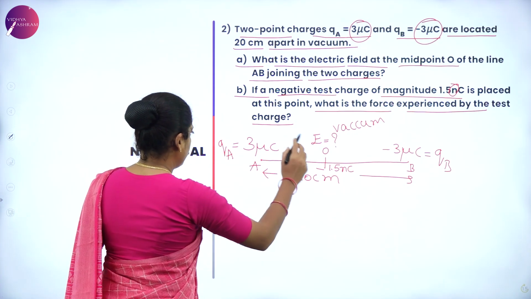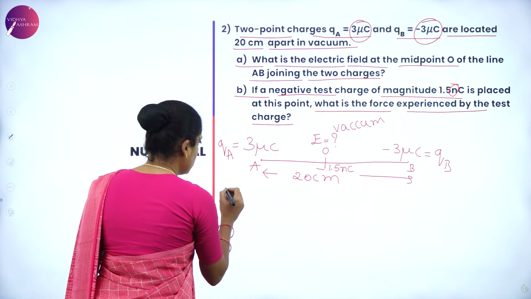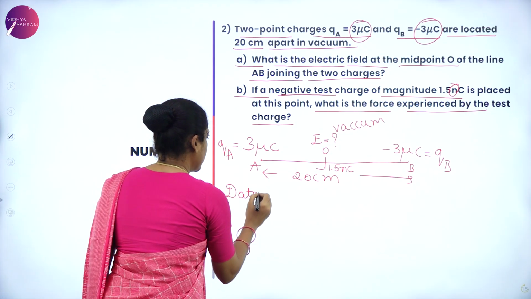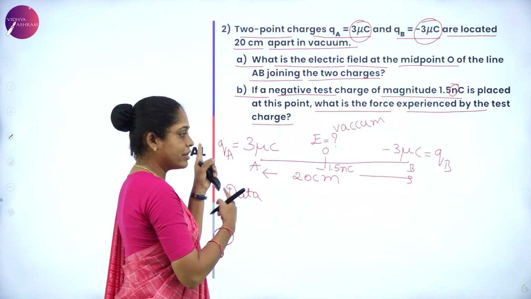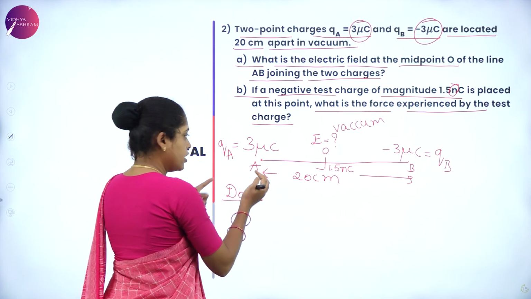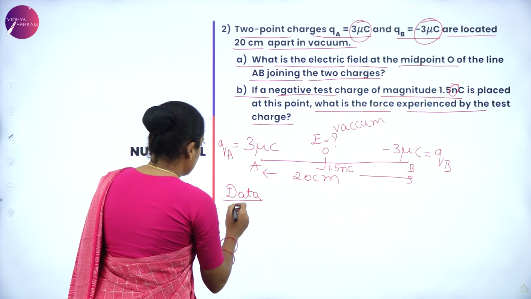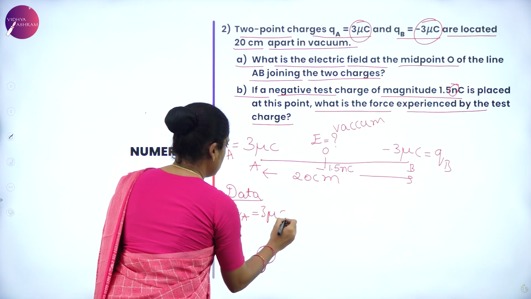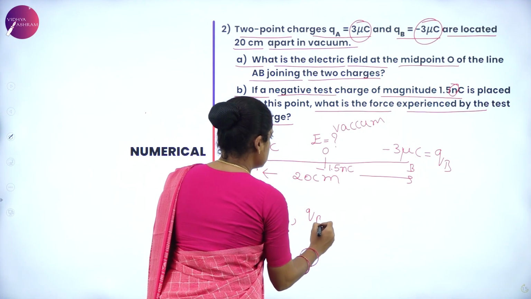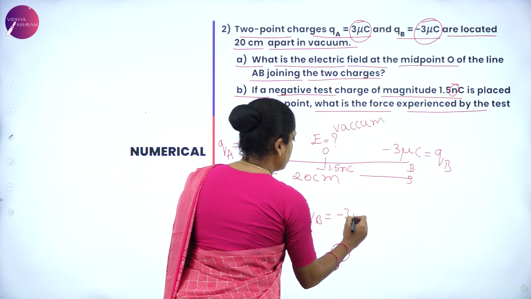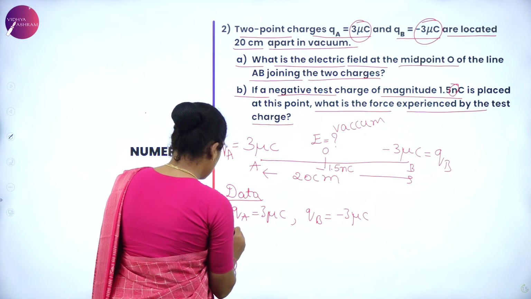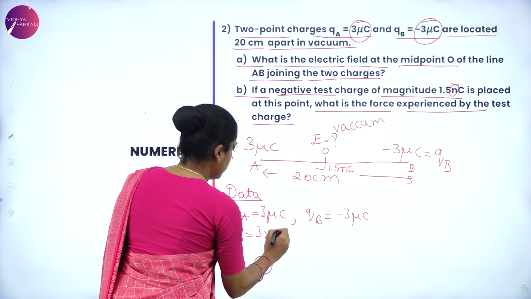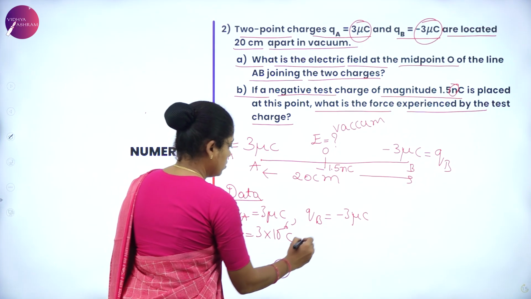So, according to this diagram or the question, let us write the data. By the reference of this diagram, you can write the data separately. So, QA is 3 microcoulomb, QB is minus 3 microcoulomb, and you know the value of micro is 10 power minus 6 coulomb.